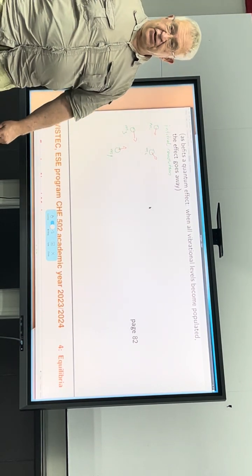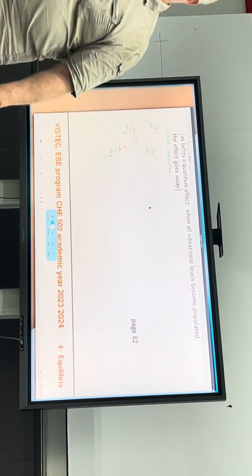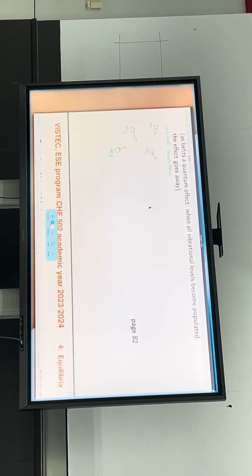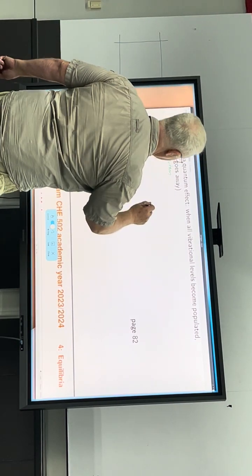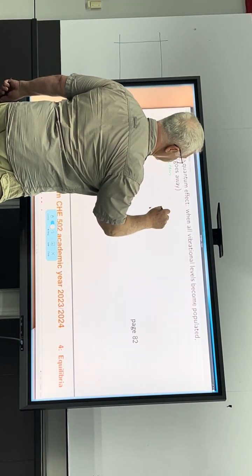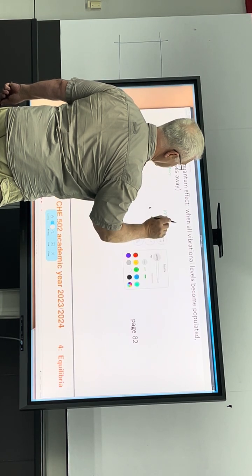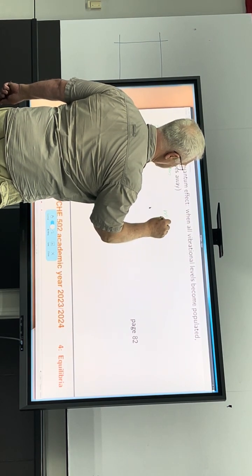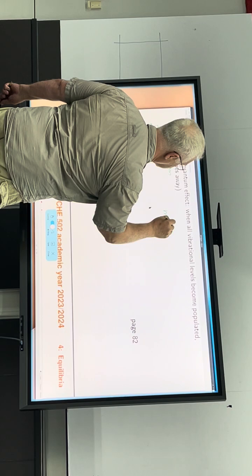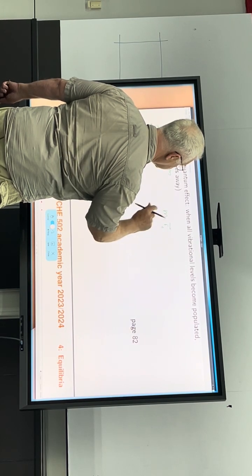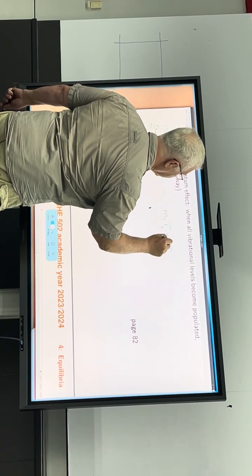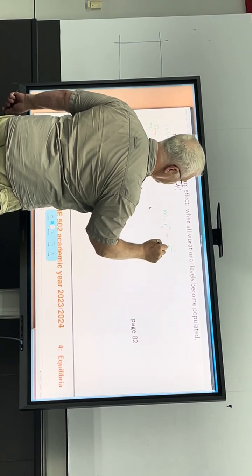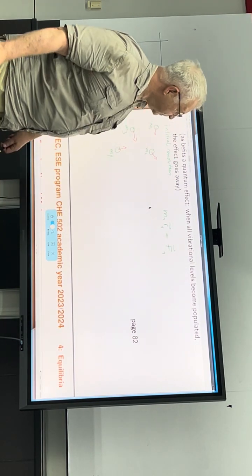And for each of these masses, I can write Newton's equation. So what is Newton's equation for mass number 1? Well, Newton's equation for mass number 1: mass times acceleration equal force acting on mass number 1.